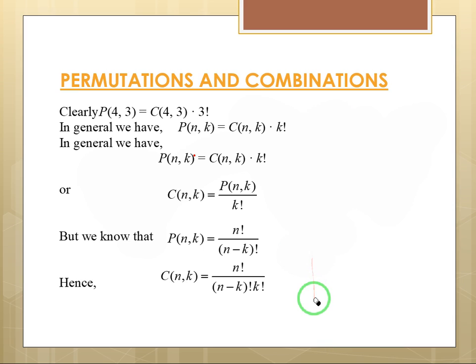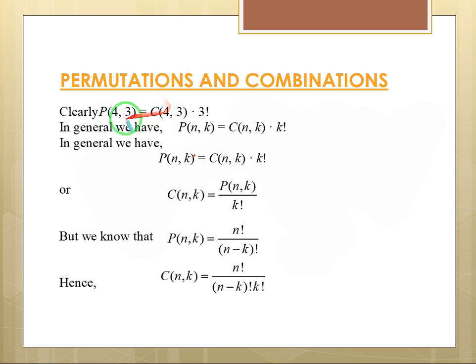Basically the method of solution of a combination is same as a permutation, but with one extra term. So now I will show which is the extra term. So clearly for permutation, we can say total number is 4, and the selected elements will be 3. So this is the permutation. So how can we make that permutation equal to combination?